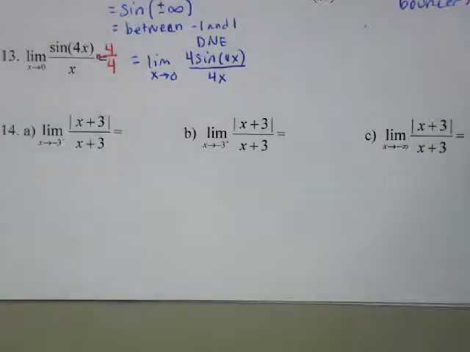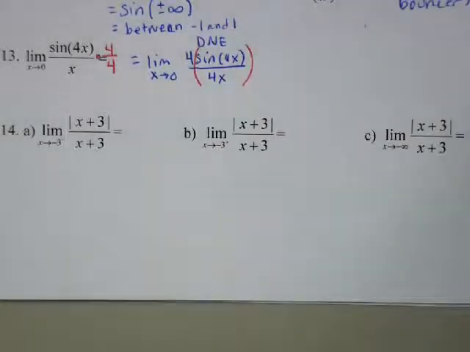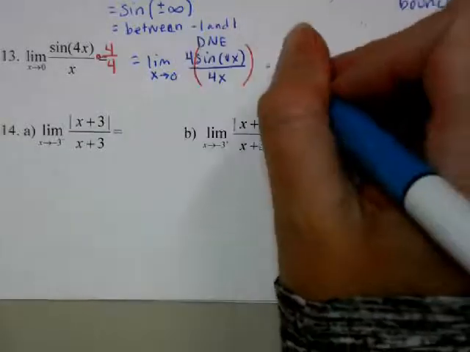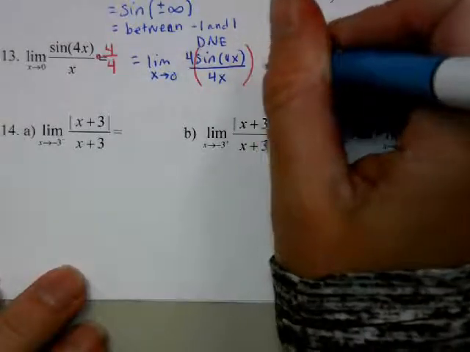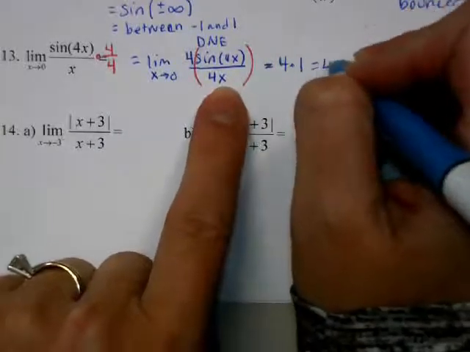So this part here is essentially sine x over x as long as they're the same. So what we have is 4 times this limit is 1, so we get 4.